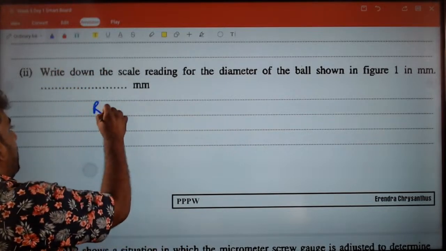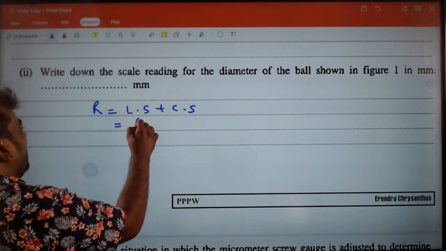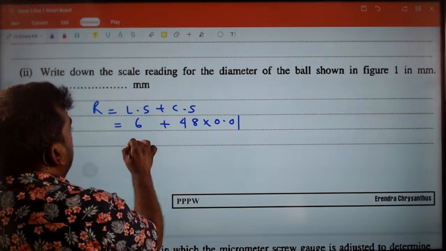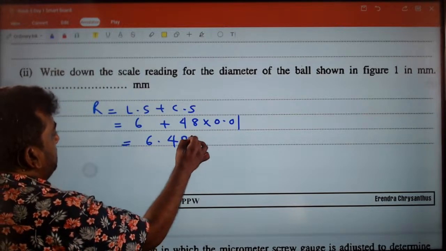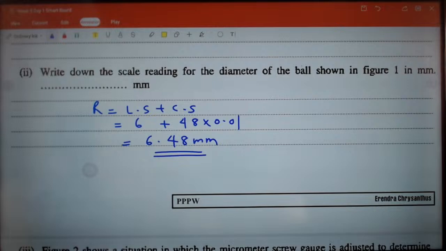Reading equals linear scale plus circular scale. 6, 48 into 0.01, 6.48 millimeters.